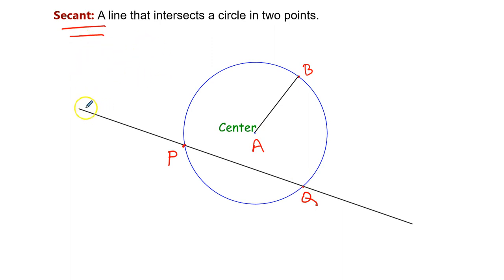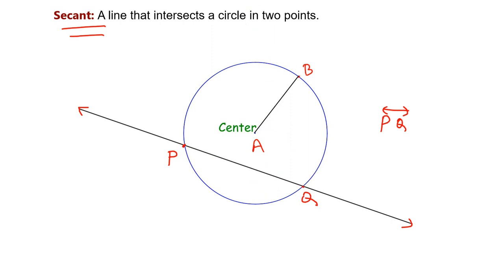Secant is nothing but a line. It can be a straight line or a long segment, that's fine. The only condition is it is intersecting at 2 different points. Here PQ is a straight line intersecting at 2 different points on the given circle.